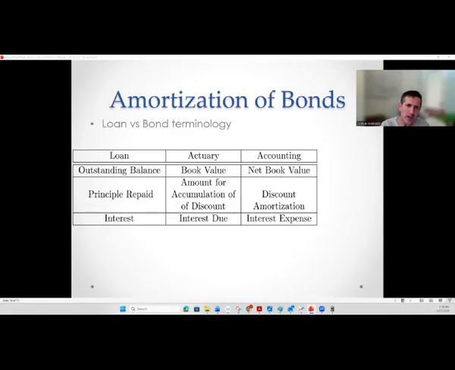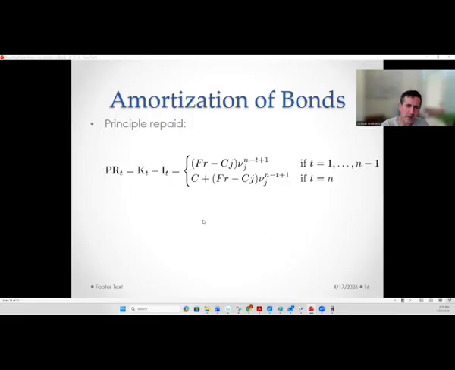Okay, and just a reminder, we had before, when R is less than G, literally the same thing, Fr is less than Cj, then the bond is bought at a discount, and this is negative. If R is bigger than G, exact same thing, Fr is bigger than Cj, this is positive, and the bond is bought at a premium.